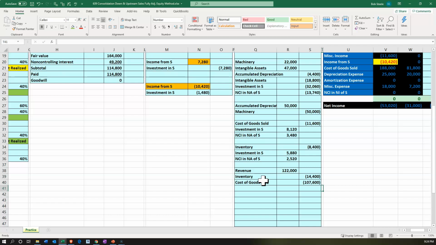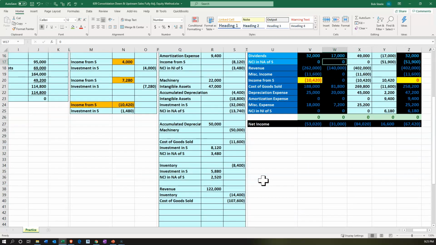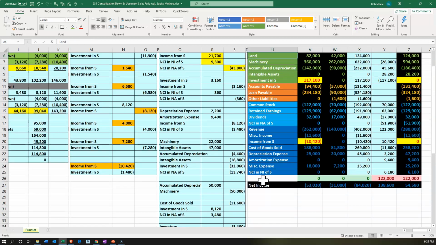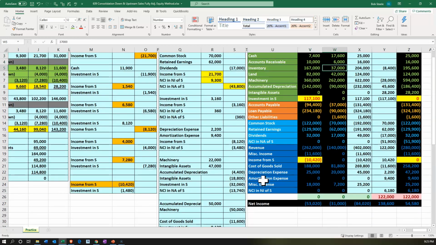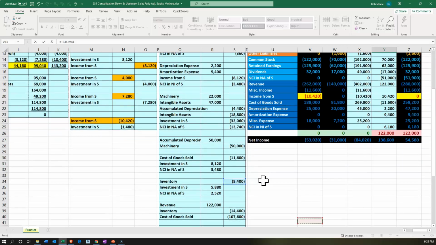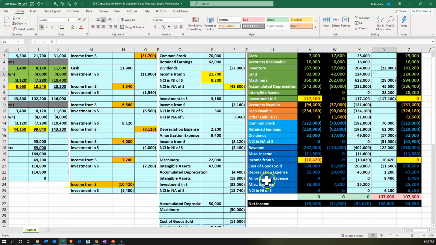Okay, and so let's record that one. So I'm going to say, all right, revenue up top. It's going to be here, that's going to be the 122. The inventory then, I'm going to say, is F2 plus F2. Scrolling back down, picking up the old inventory. And so there we have that.